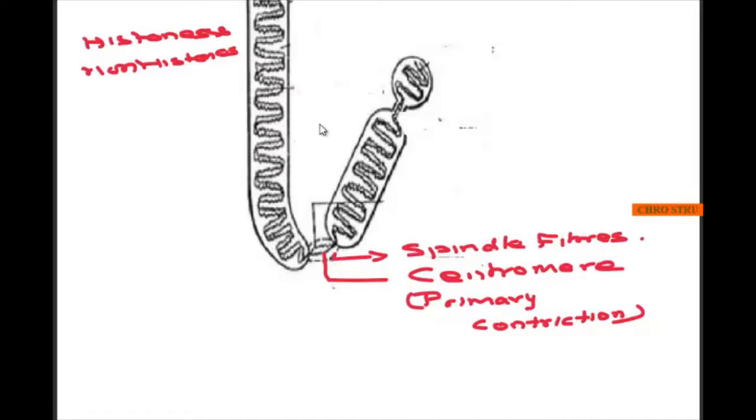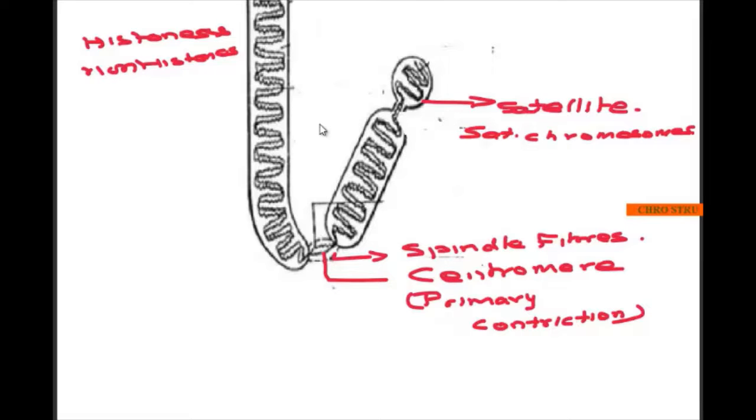Then at any end we may have a small bubble-like structure. We call it a satellite. The chromosomes having this satellite are called sat chromosomes. It is not necessary that all the chromosomes have satellites.